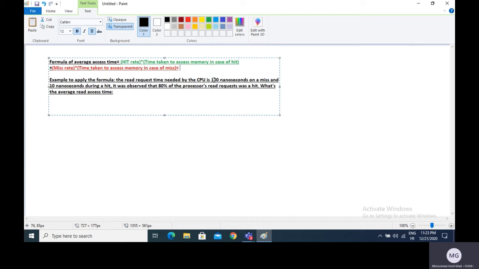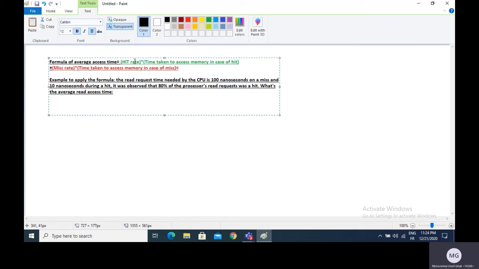The time taken to access memory in case of a miss is 100 nanoseconds, and in case of a hit is 10 nanoseconds. As you can see, it's less, because when there is a miss, there is a penalty. When there is a direct hit, it is much faster. And it was observed that 80% of the processor's read requests were hits.